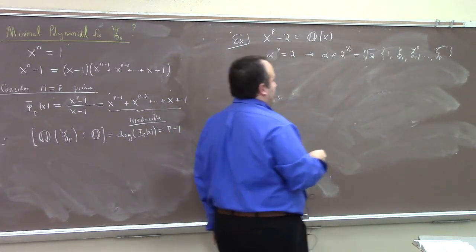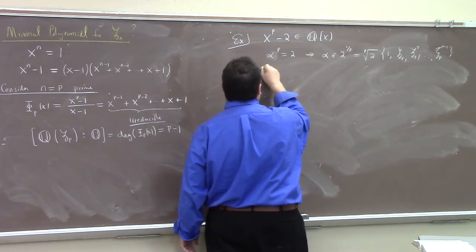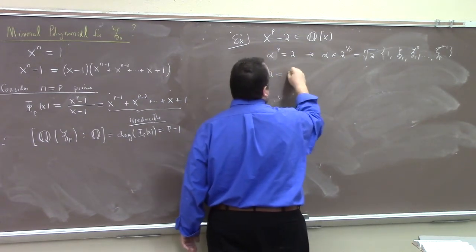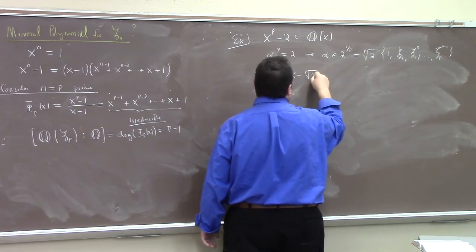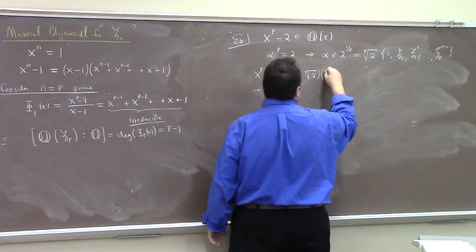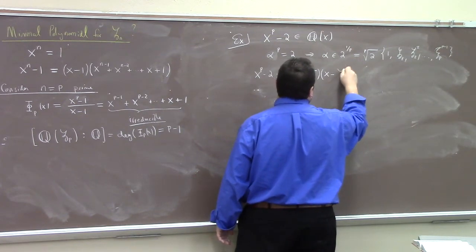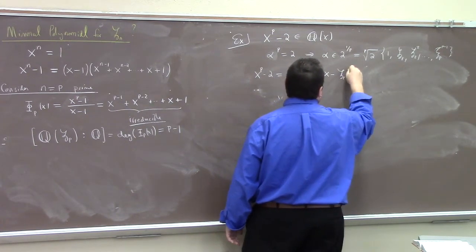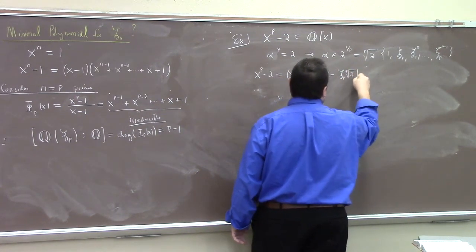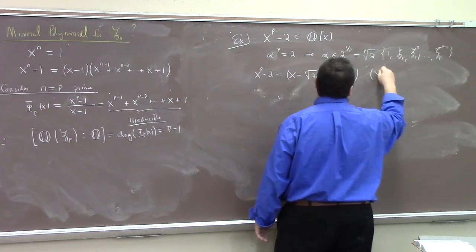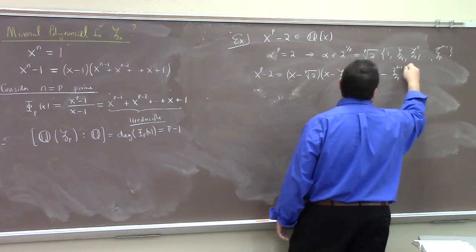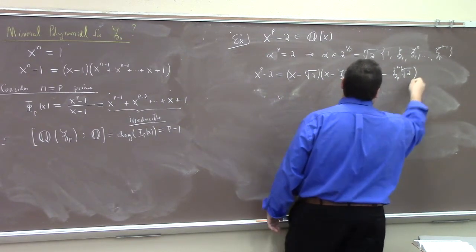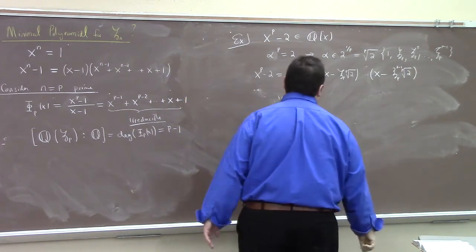So basically your x to the p minus 2 splits as x minus the pth root of 2, times x minus zeta p times the pth root of 2, up to x minus zeta p to the p minus 1 times the pth root of 2. That's how it splits.